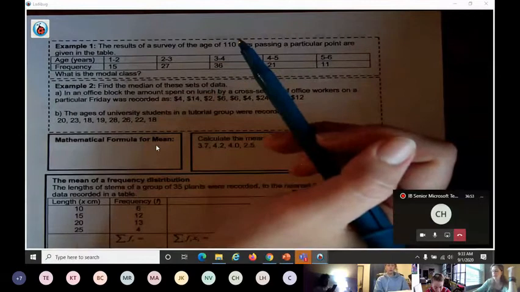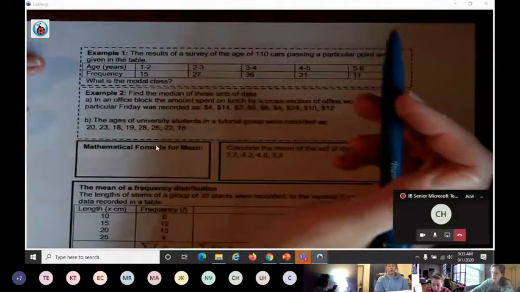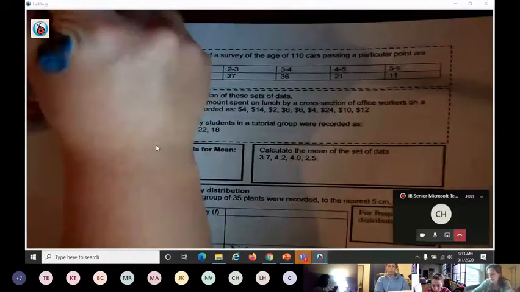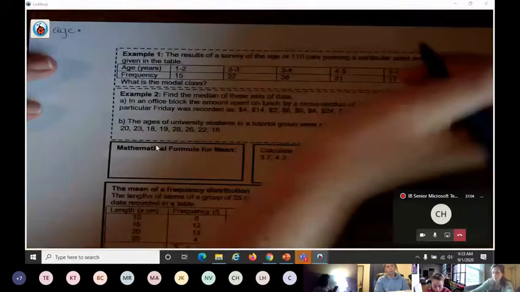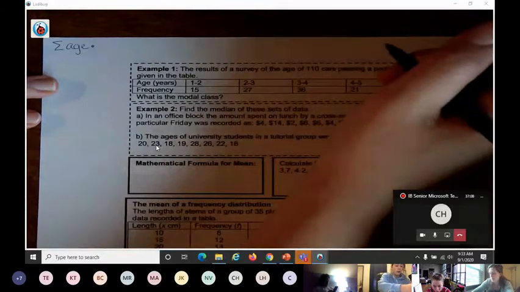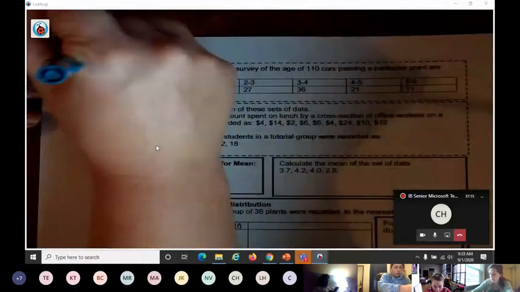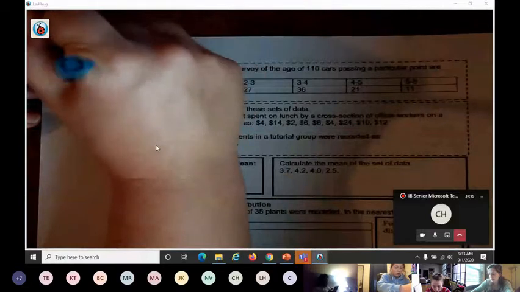Now, when we're finding the mean for data like this, we do it by taking the age, or whatever the data is looking at, and we take the sum of the age times the frequency, and then divide that by the total number of data points.